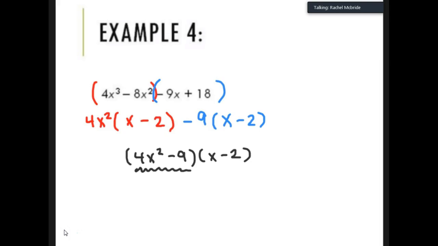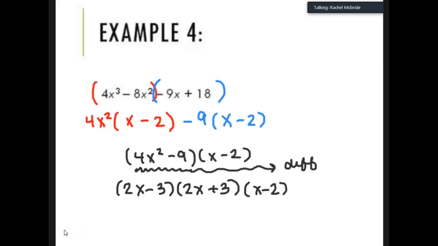Good, Jordan. What is underlined is what you call a difference of squares. And it factors exactly as Jordan just said, as 2x minus 3 times 2x plus 3. So sometimes our problems involve factoring twice.